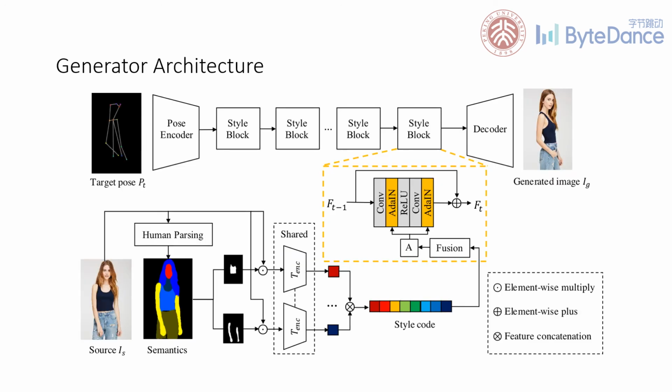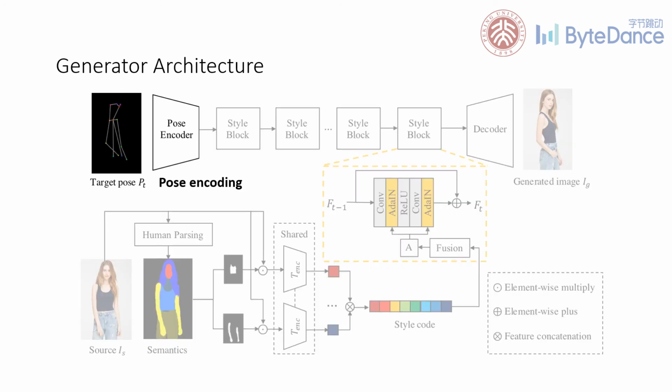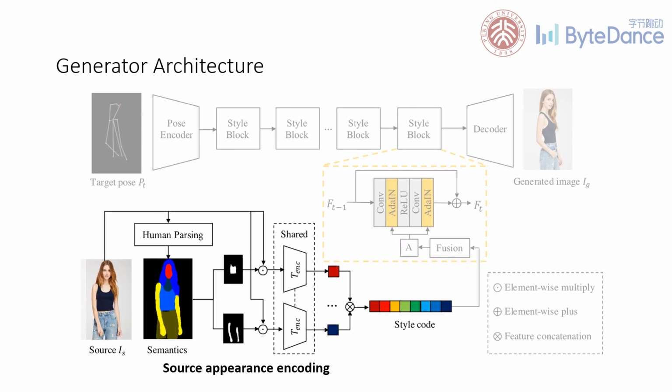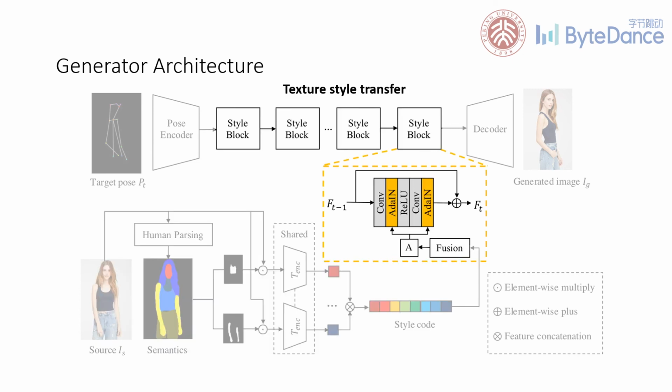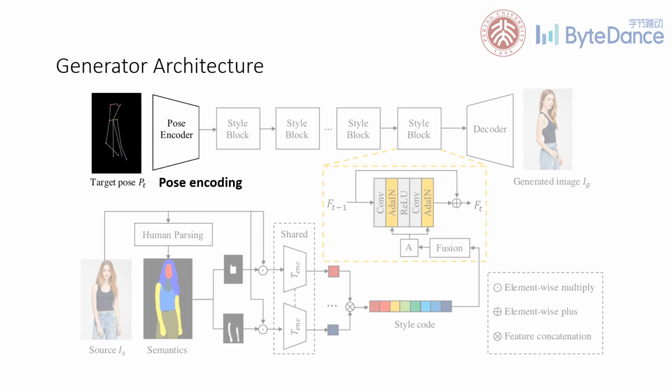Specifically, we introduce a novel generator architecture consisting of two encoding pathways, connected by style blocks. One pathway is for pose encoding, and the other for source appearance encoding. In the pose pathway, we use a common encoder consisting of downsampling convolutional layers.